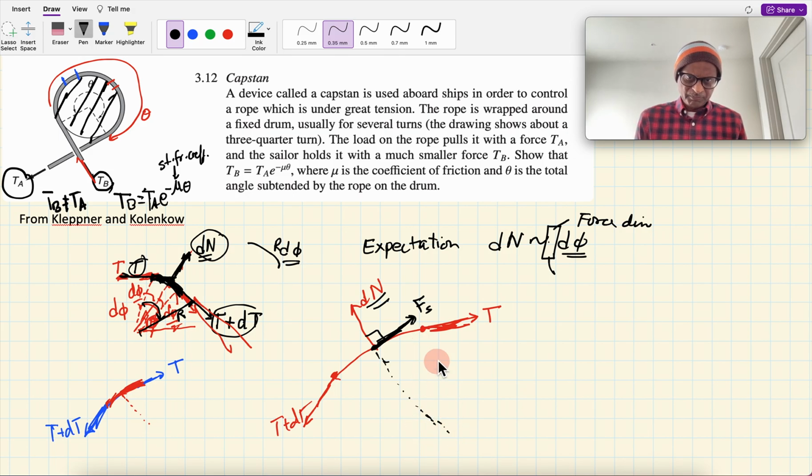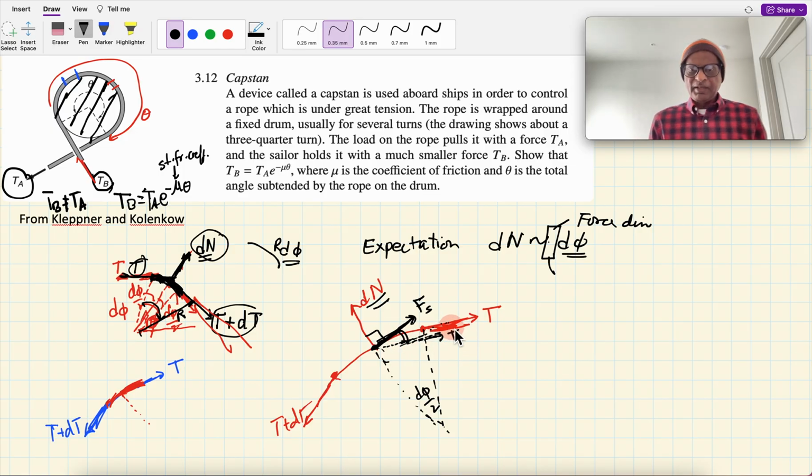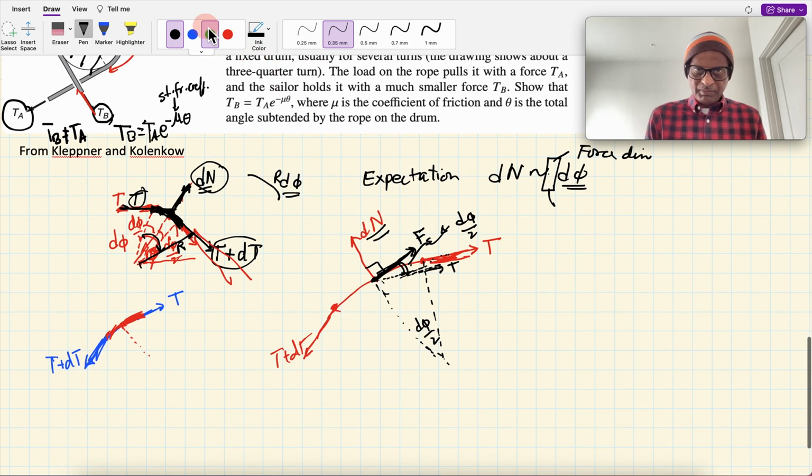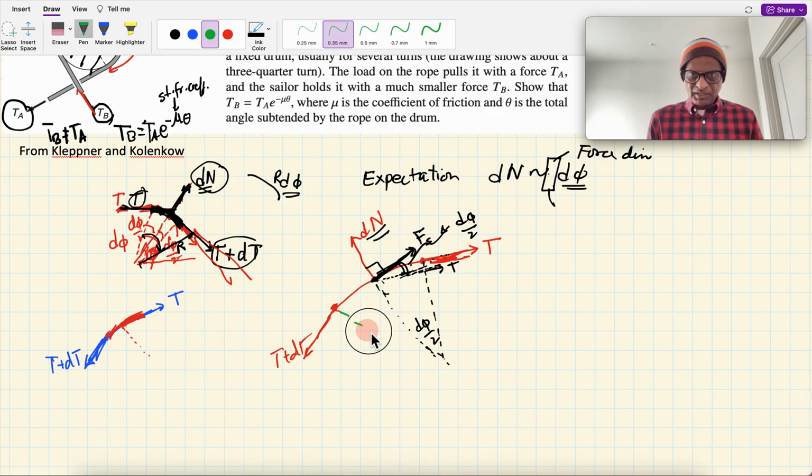It's really blown up. This is d phi over 2 on this side, and if I bring this over here in the same direction, there's an angle here. You can translate this, and that angle will be d phi over 2. Now the geometry on the other side should work out more or less the same, because of the symmetry.